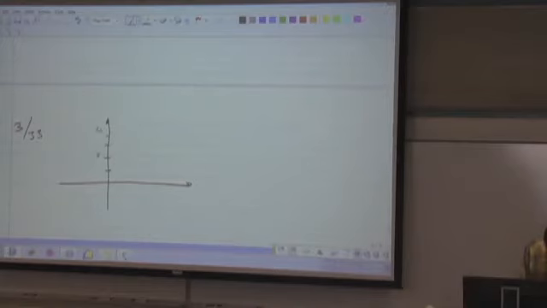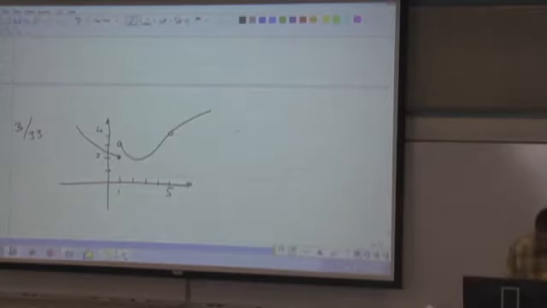So 2, 4. Okay, so this is the graph, again, as I said, to the best of my graphing abilities.